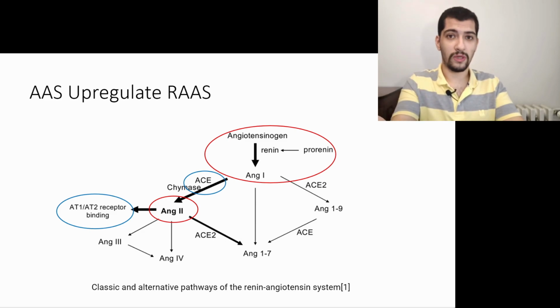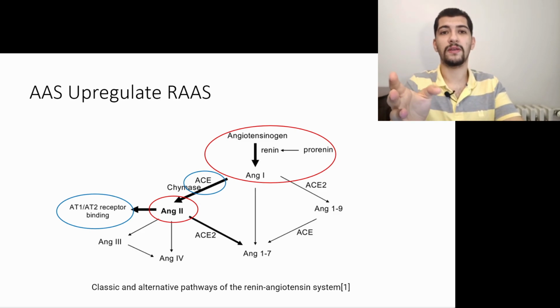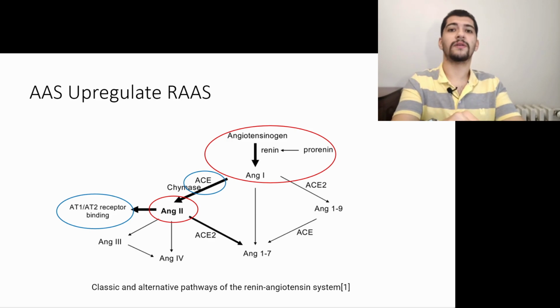Well, what an ACE inhibitor does is it prevents conversion to angiotensin 2. So there is less angiotensin 2 in circulation, or your serum, and less angiotensin 2 gets bound to the AT1 receptor, which is the primary source of the problem.